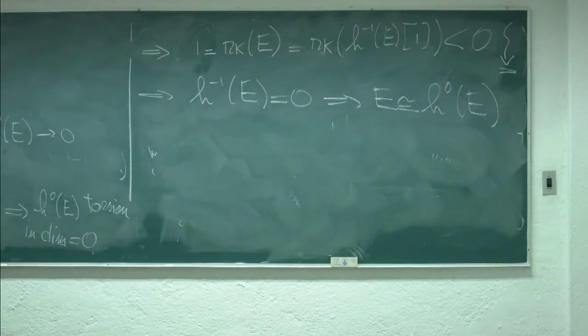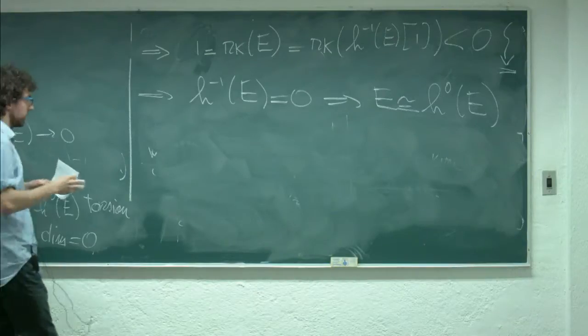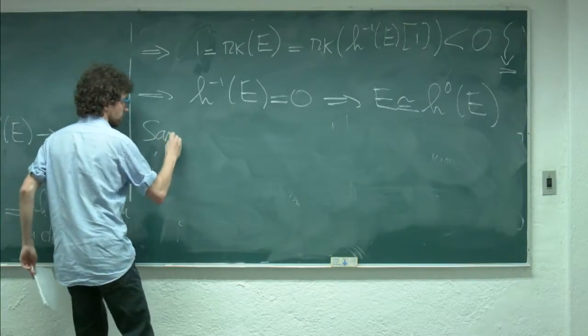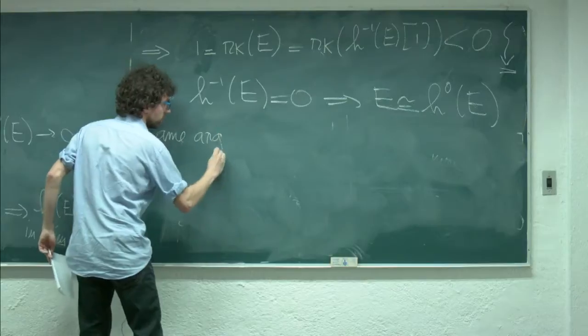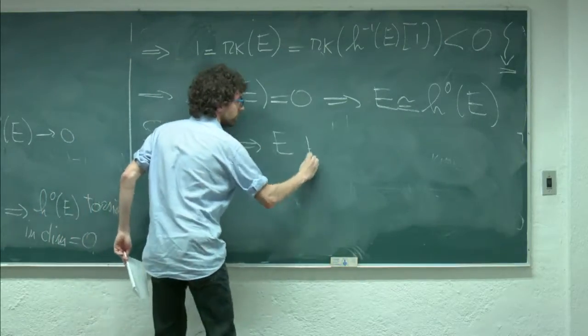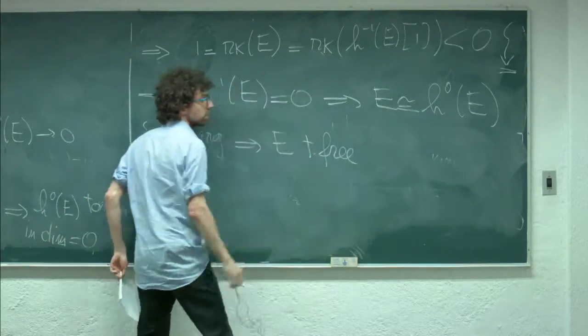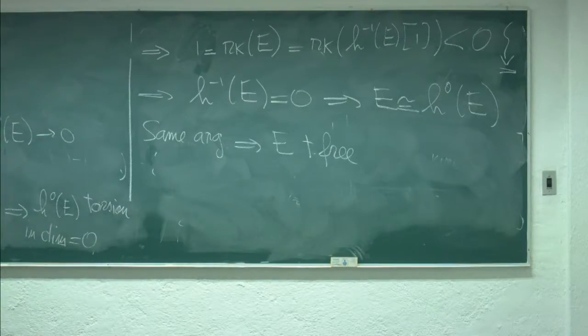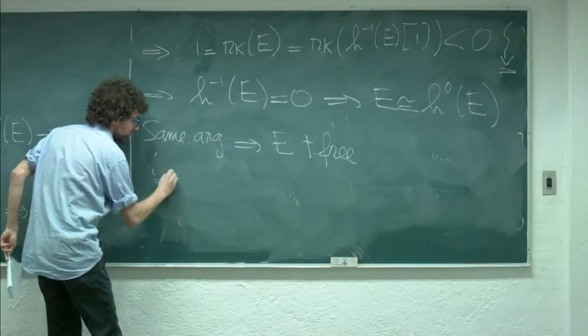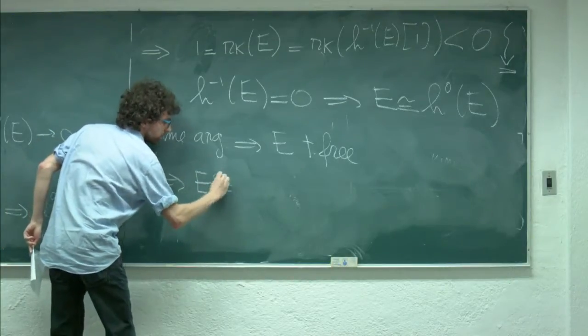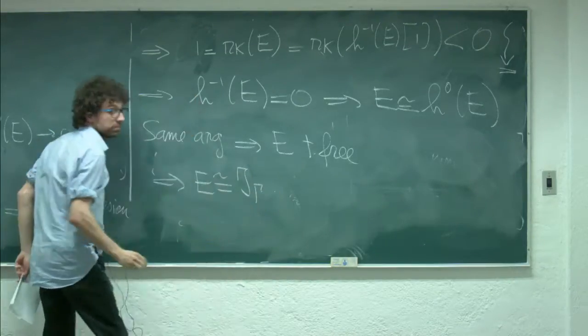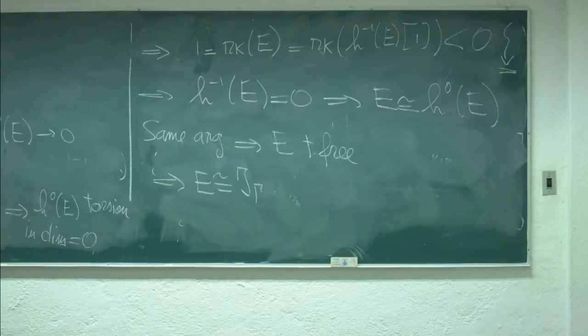So now it's not so hard to show that the same argument implies that E is torsion-free. Because if it has torsion, then I argue as before. And so it's a torsion-free sheaf of rank 1. So it's an ideal sheaf. Okay, so that's the easy argument that we have here.